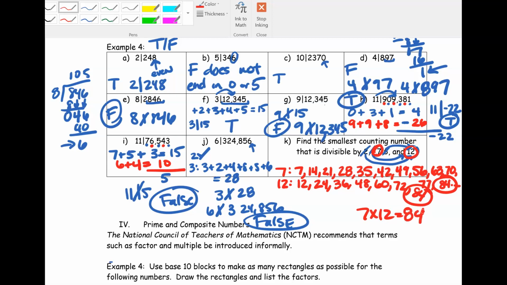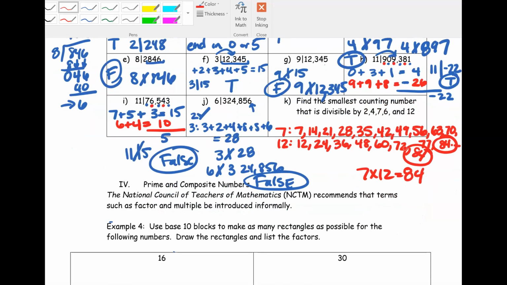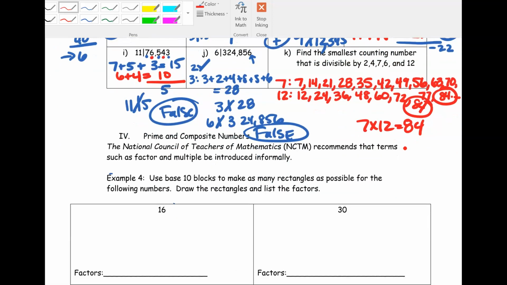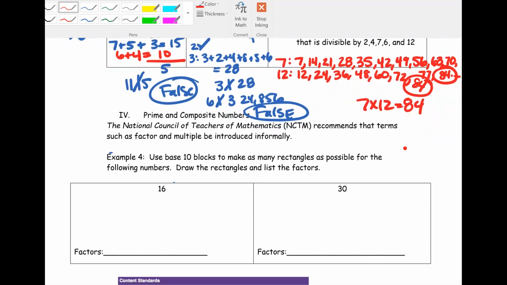So it makes sense that 84 is going to be a multiple of both 7 and 12. So 84 would be the smallest number that is divisible by 7 and 12. And then we know that it's also divisible by 2, 4, and 6 because 12 goes into that number as well. So not exactly a short solution, but that's a great way to map it all out.